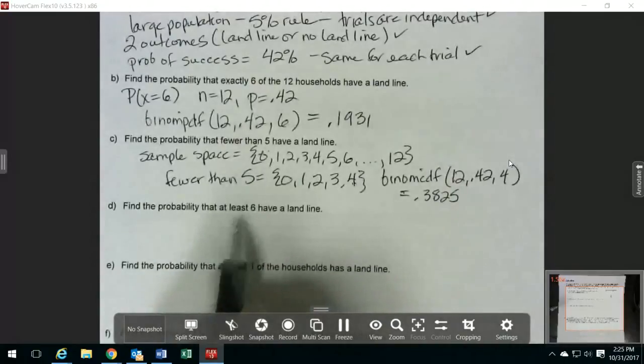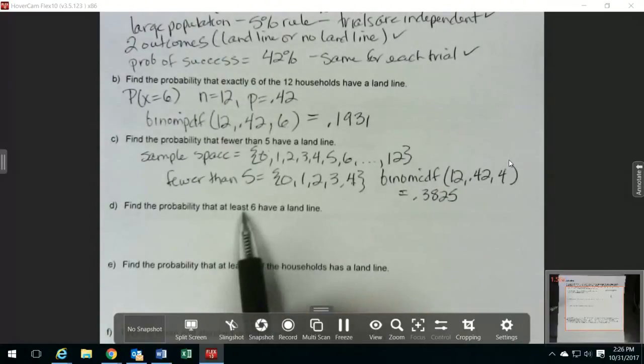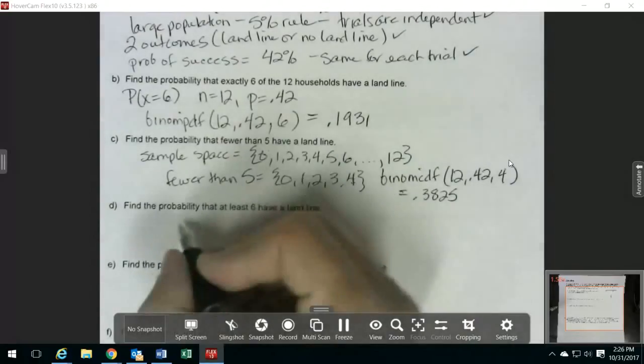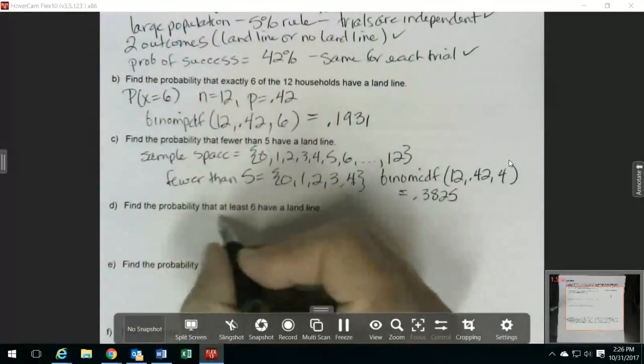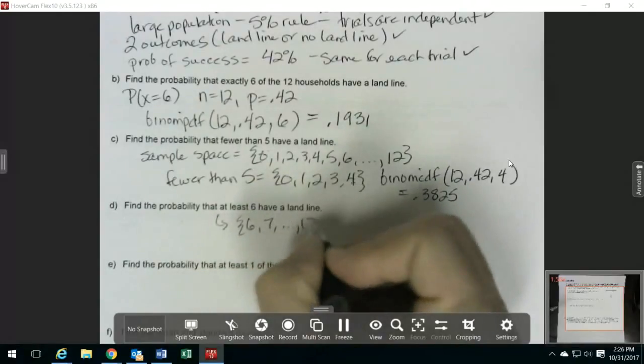Okay, then the probability that at least 6 have a landline. Again, we want to look at this sample space and figure out exactly which of those outcomes would be included. At least 6 means it's 6 or more, so this would be everything from 6 up to 12.